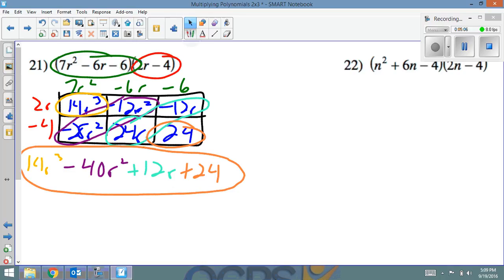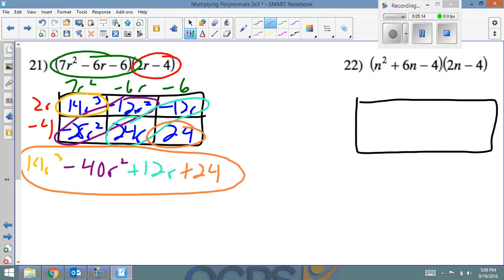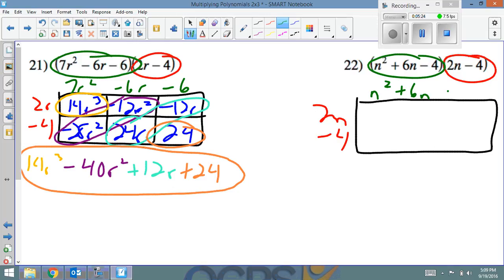Okay, do it again. We draw ourselves a box. Smaller term on the side here. So it's going to be 2n minus 4. Bigger term on top: n squared plus 6n minus 4.